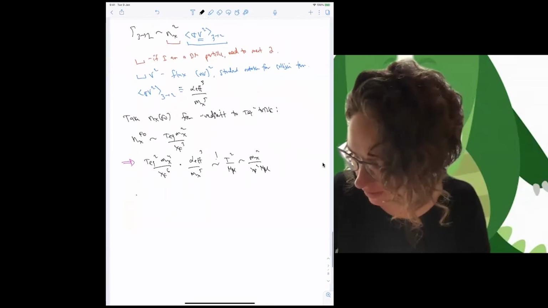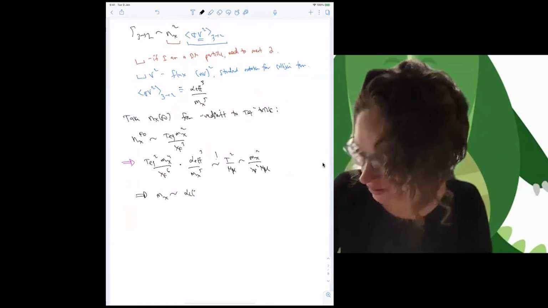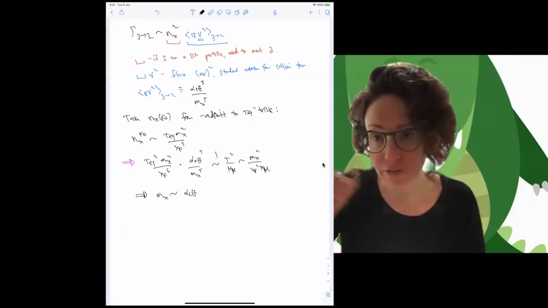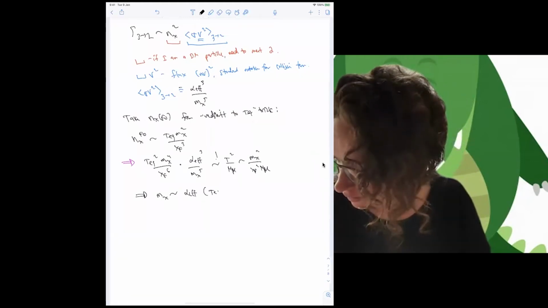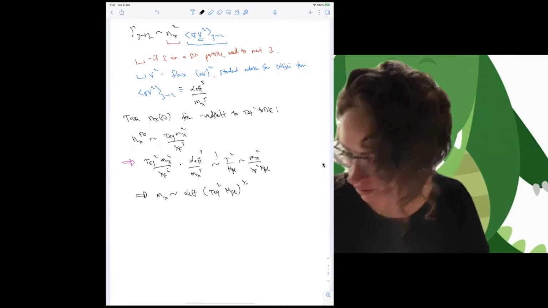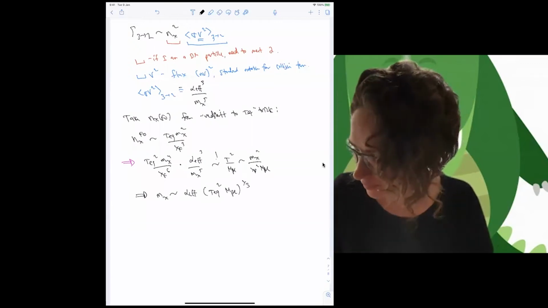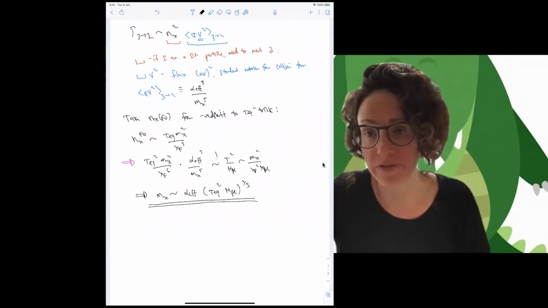And what we now find is that the mass of dark matter goes like alpha effective, the self-interaction strength of the dark matter, times T equality squared m Planck to the 1 over 3 power. Okay, a very different scaling than what we've seen so far.